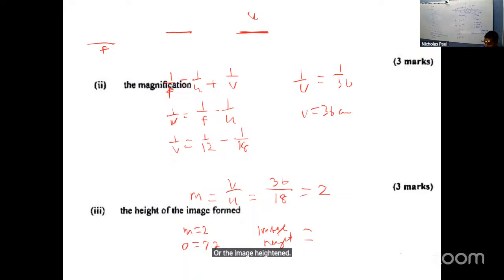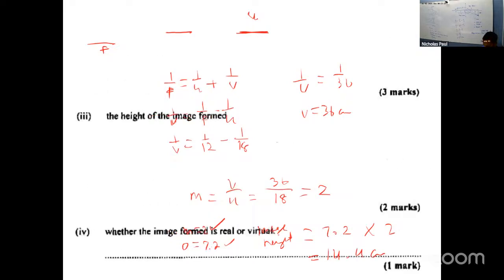Magnification is 2, so doubling it, right? If the object height is 7.2, what's the image height? 7.2 times 2, so you'll get 14.4 centimeters.